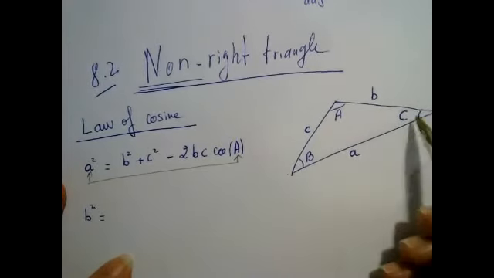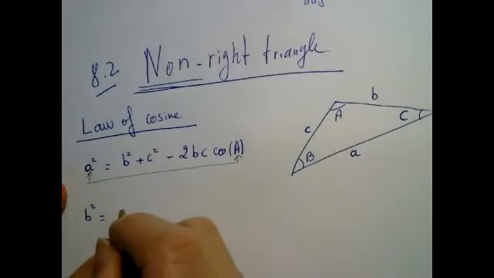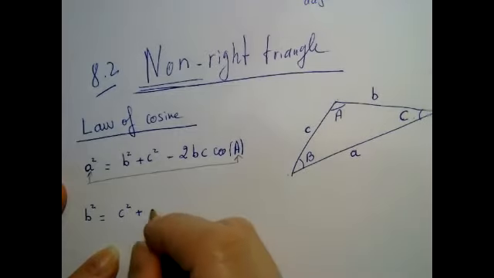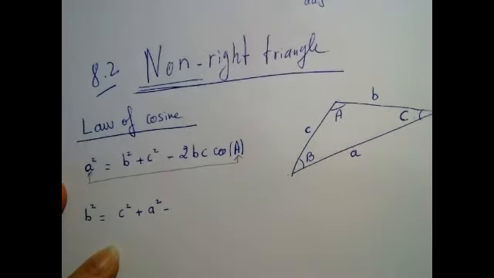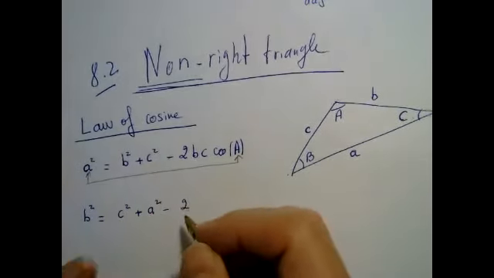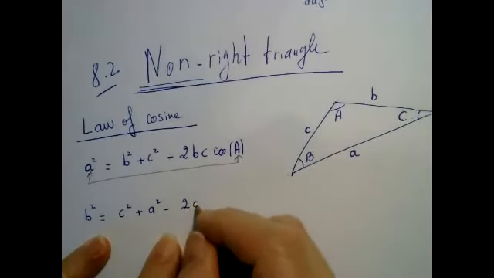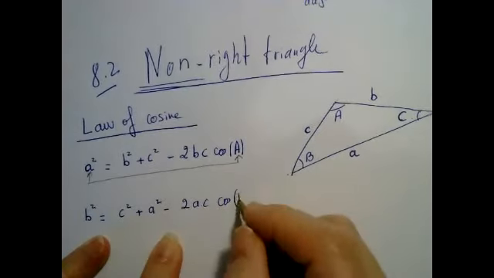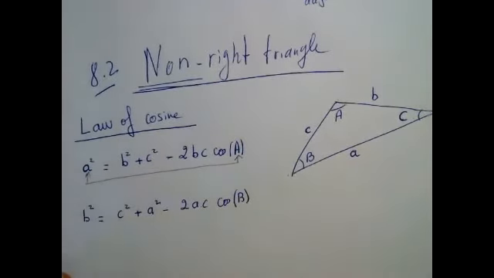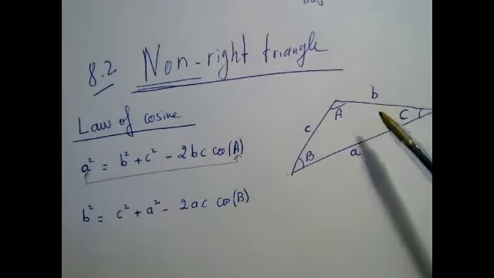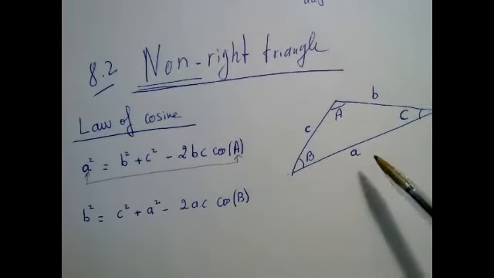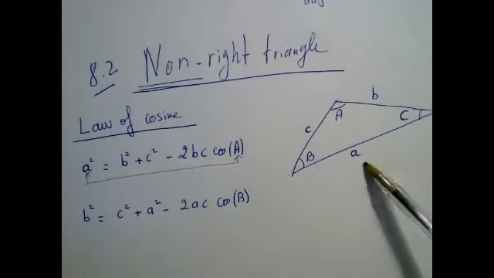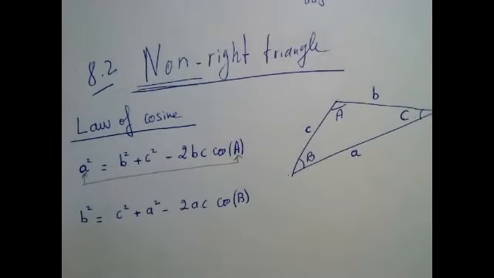It's going to be equal to the sum of the squares of the other two sides, a squared plus c squared, minus 2 times a times c times the cosine of the angle opposite to b. So it's a squared plus c squared minus 2ac times the cosine of B.